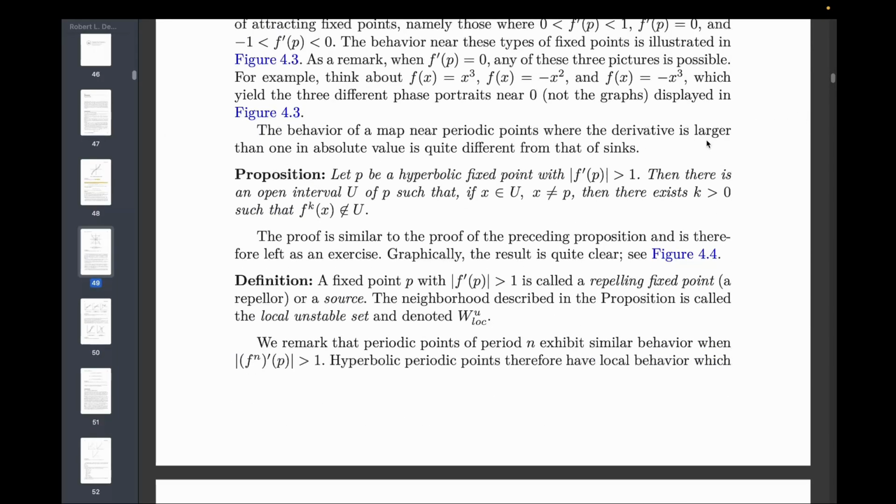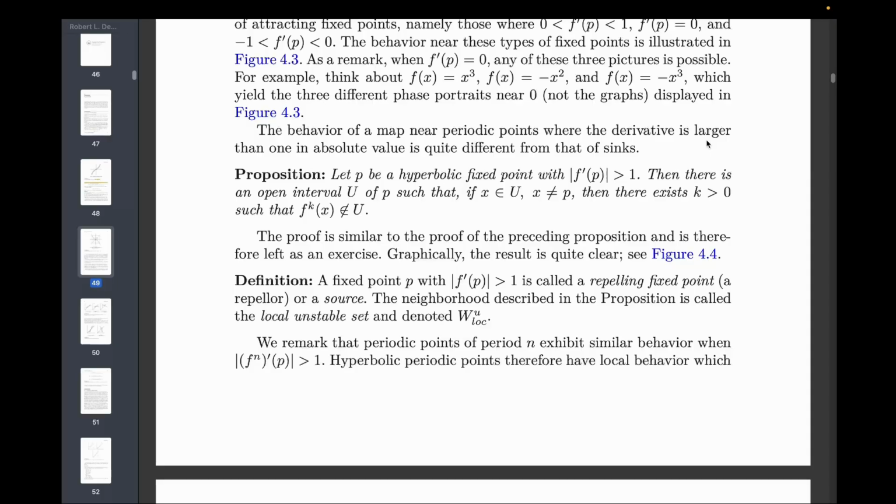Okay, now it talks about the hyperbolic fixed points when the derivative is greater than 1. And that basically says the complete opposite, which is any number in any interval will eventually get sent outside of the interval. So it doesn't matter how far away or how close the point is to P, at some point, if you keep applying f, it will get arbitrarily far away, which is exactly opposite, because they call it a repelling fixed point.